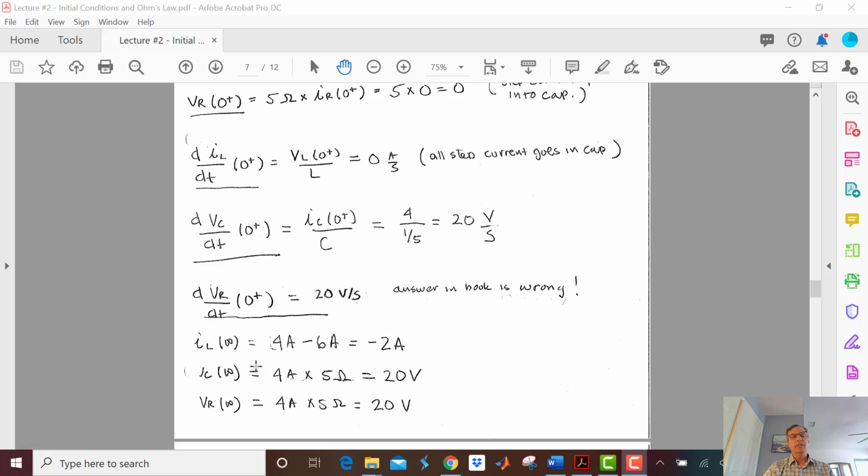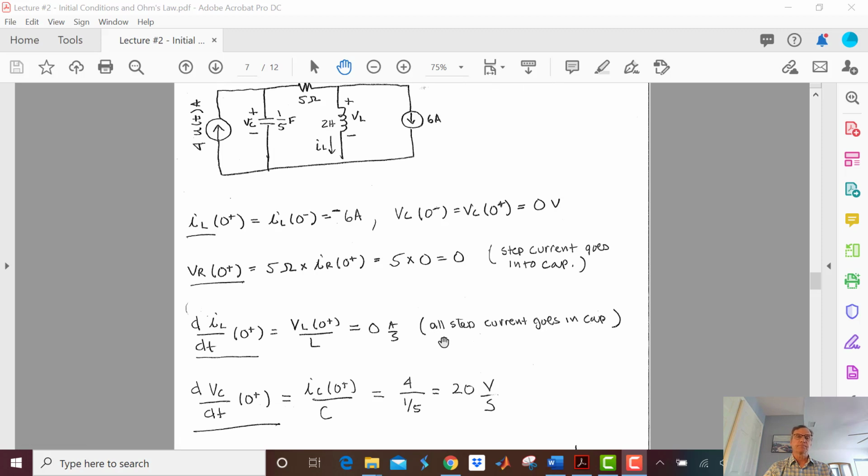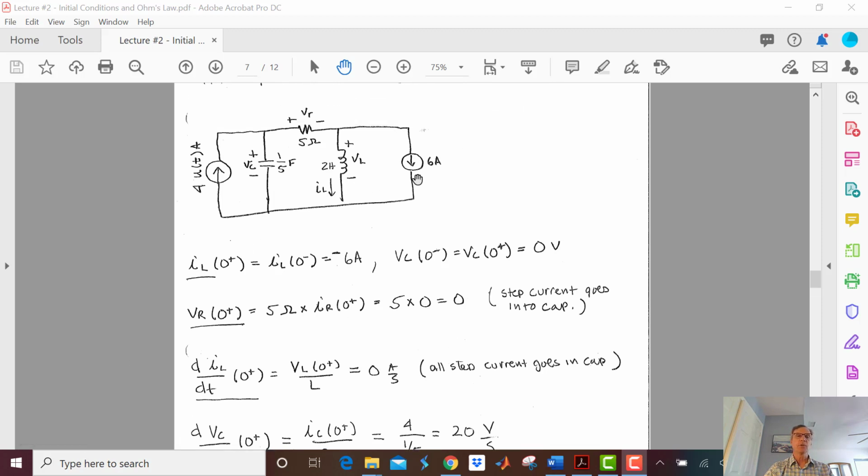Okay, so now let's get I sub L of infinity. So at t equals infinity, we've got a pretty complicated circuit, but we can use the rules to make things a little easier. So I know that at steady state and at infinity, remember this is on, I got 4 amps. None of it's going through here.